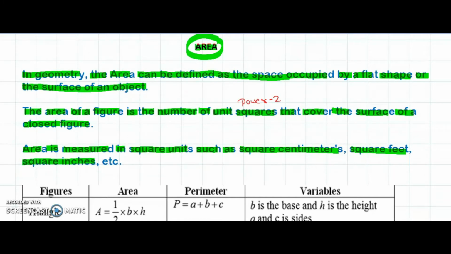So whenever we write the unit in the answer, we always write centimeter square, feet square, inches square, and in this way it goes on, with all the different upcoming units, etcetera.